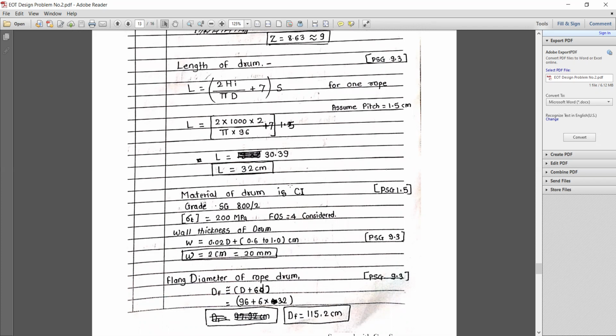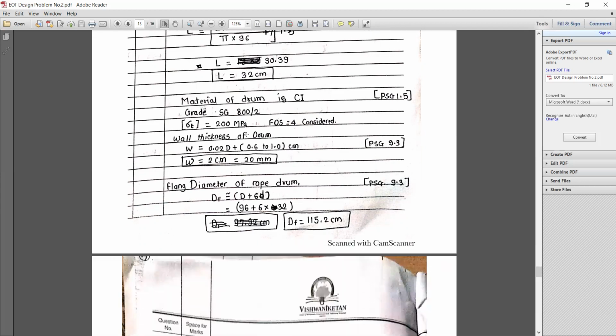Now for one rope we are assuming pitch is equal to 1.5 centimeter. We know the diameter D, we have all the values, so putting all the values, with drum diameter 960 converted into centimeter, we get length equal to 32 centimeter, that is 320 mm.